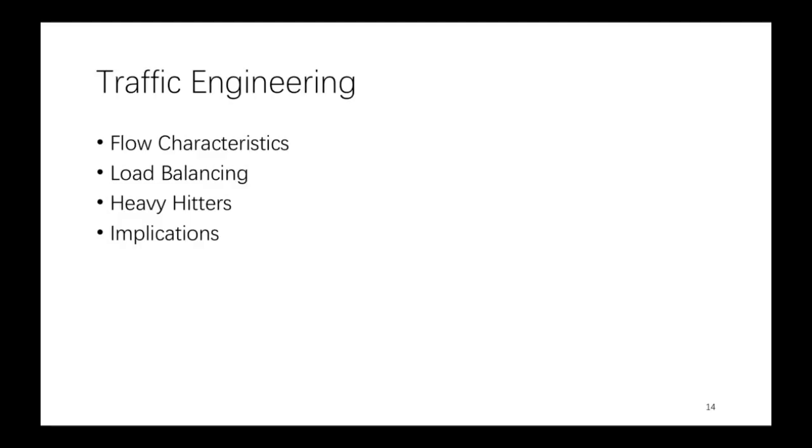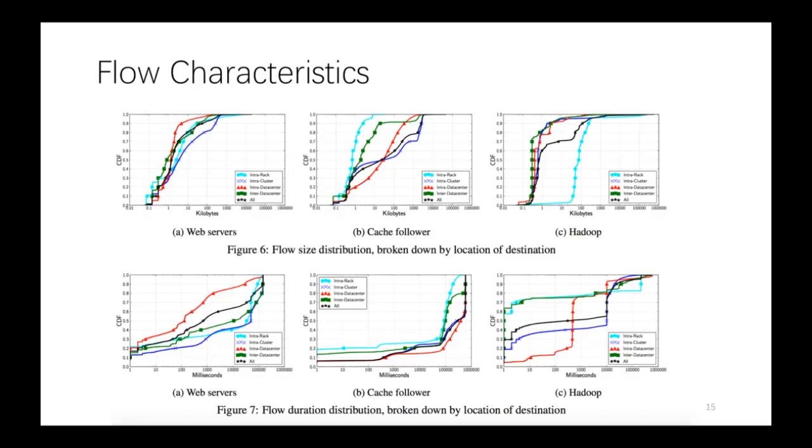As we see in the figure, we can see the packet traces of three different types of nodes and the size and the duration that they are collected in, and the three types of nodes are a web server rack, a single cache follower, and a Hadoop node. We see that Facebook's Hadoop flows are very short.